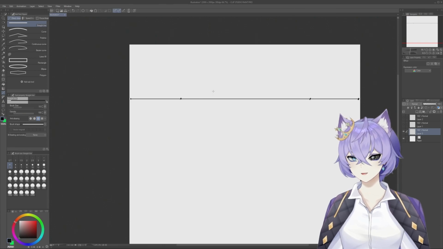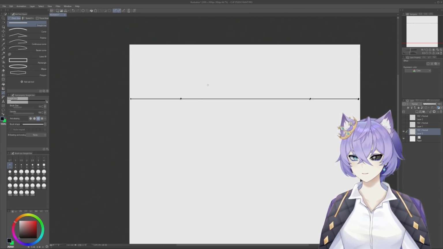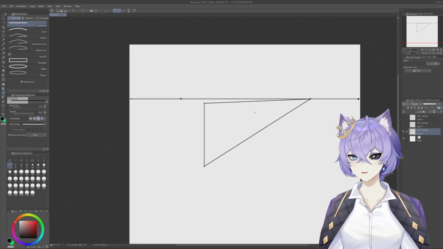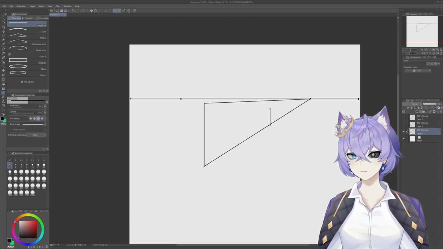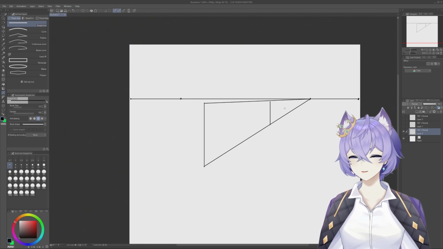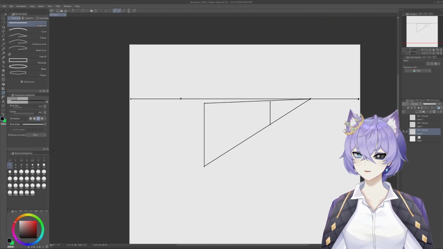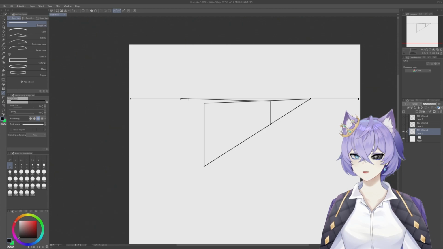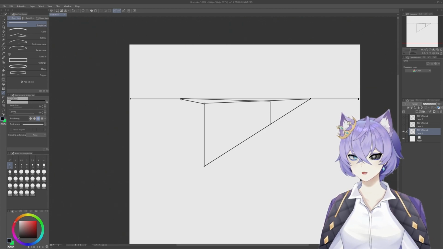Okay, so now we have... Let's say... We have a line here that goes from there to there. So if I put it here, that makes the perspective lines much sharper.